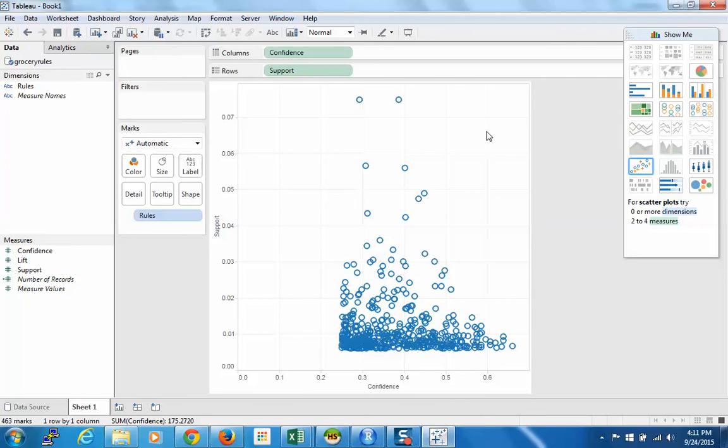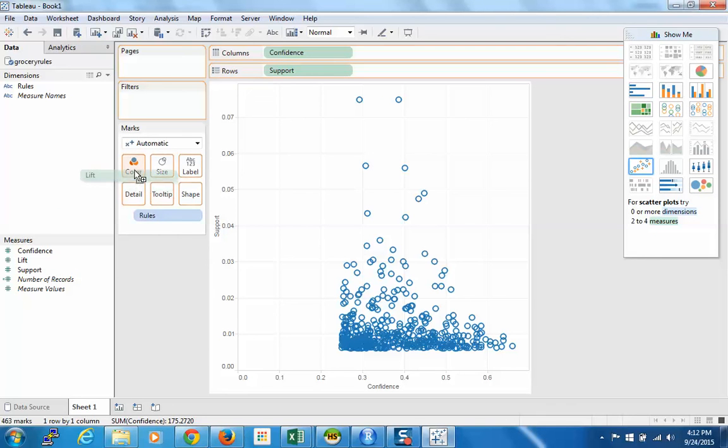Not only that, I'm also interested in those rules which have high lift, because they may have lower support or low confidence. But once a particular item is bought, then it increases the probability of the other item being bought tremendously if they have high lift. So how to incorporate lift in this picture? And that's where the idea of color comes.